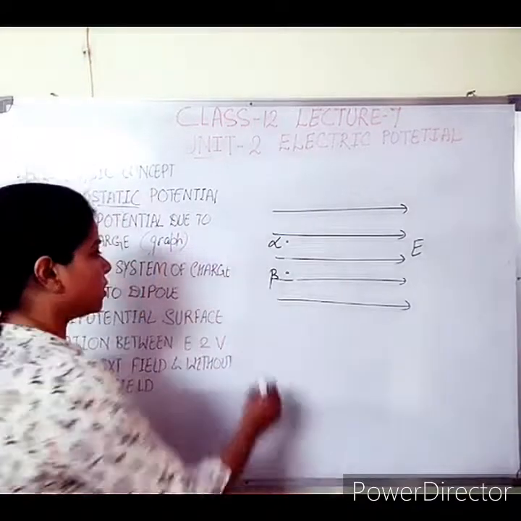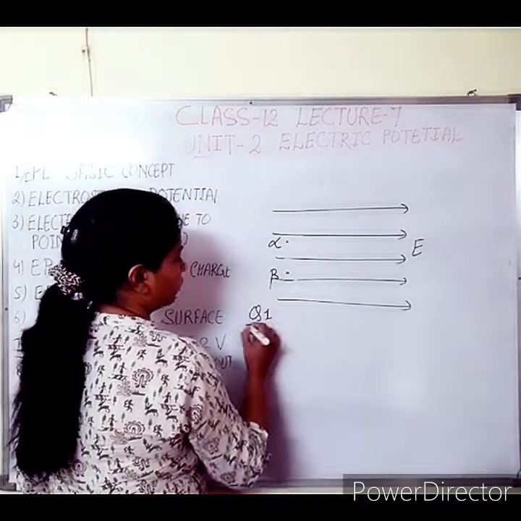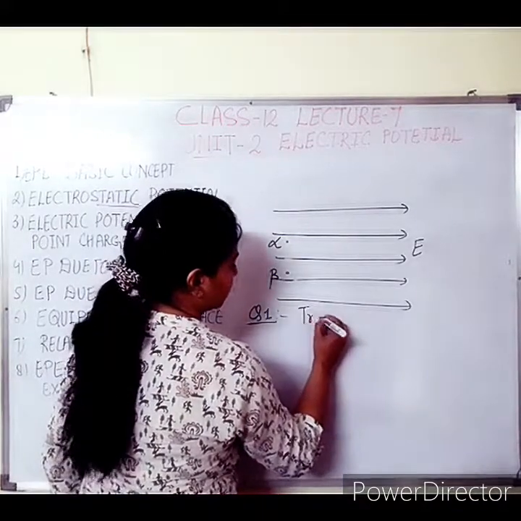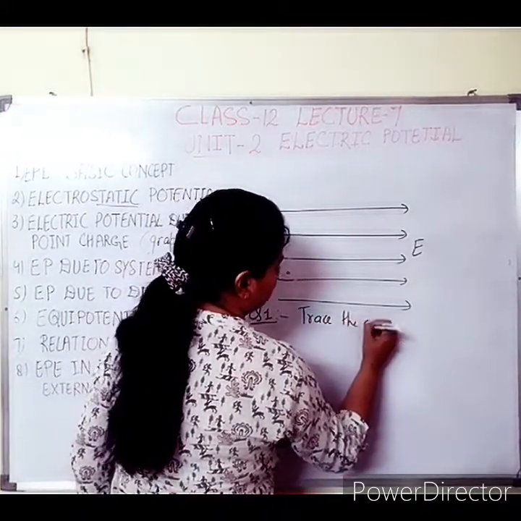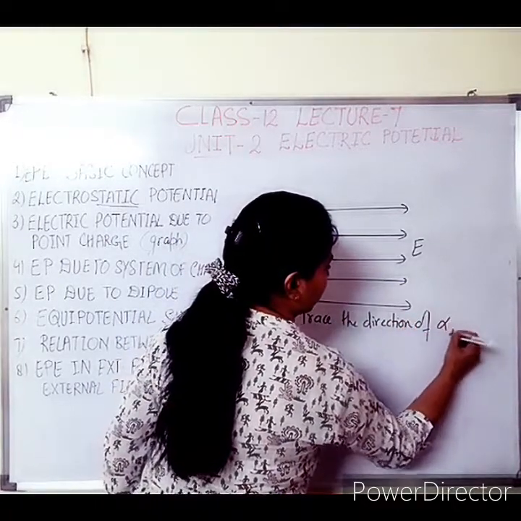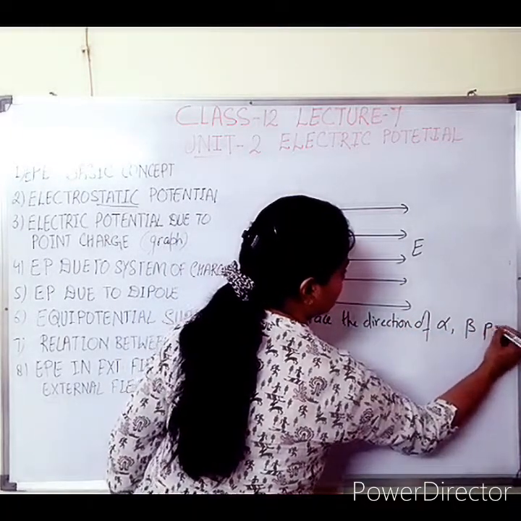Note down the question. First question, number 1 from this figure: trace the direction of the alpha and beta particle.